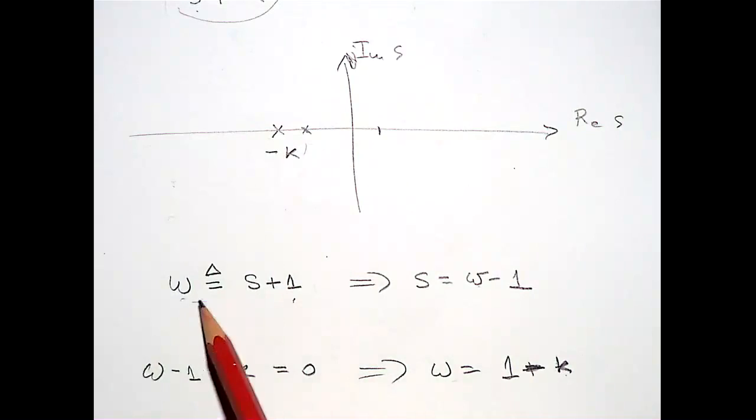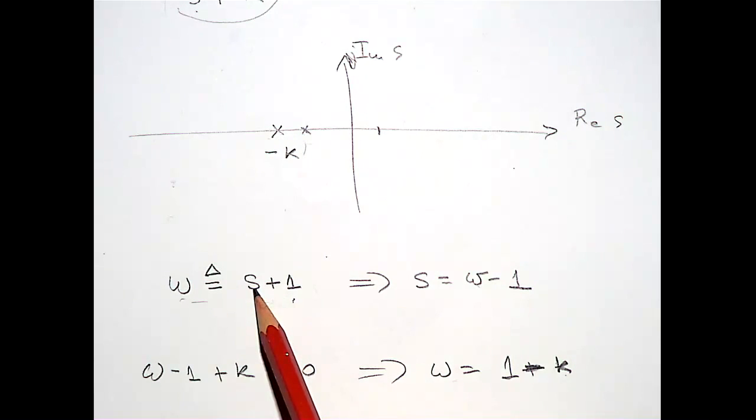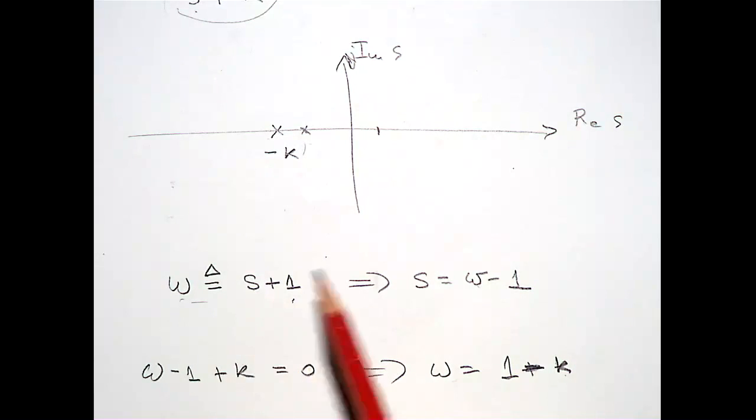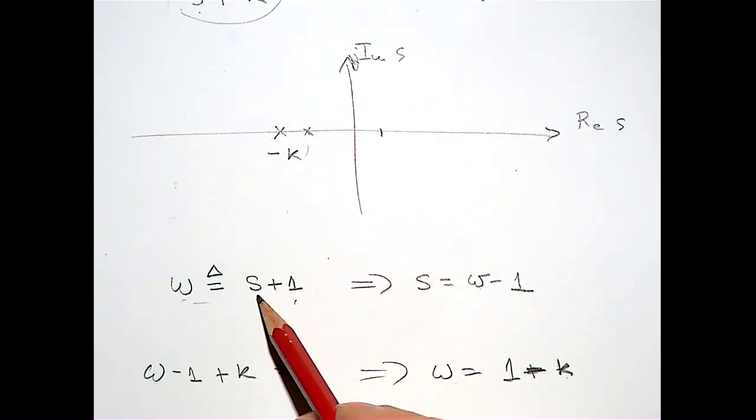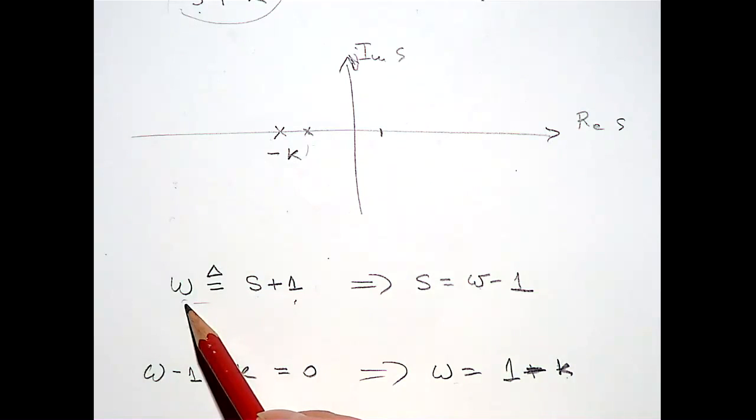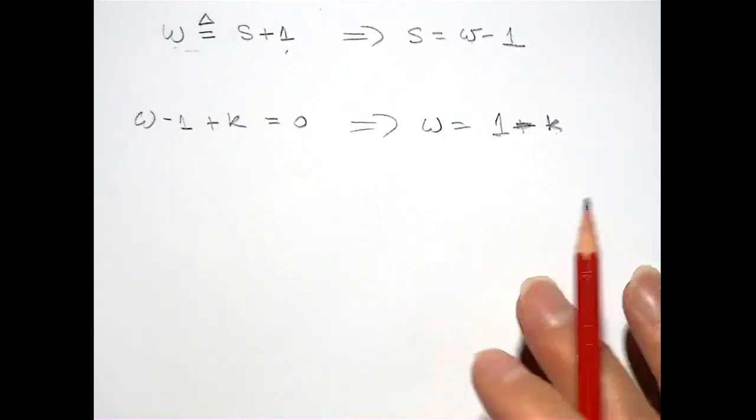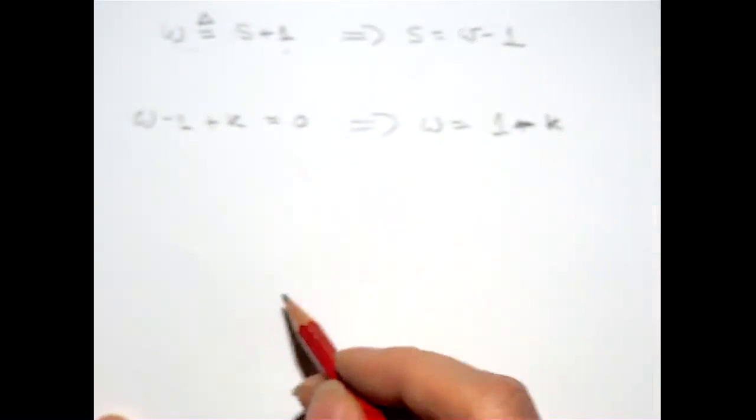So when the real part of s is minus 1, then the real part of w is 0. Does that make sense?